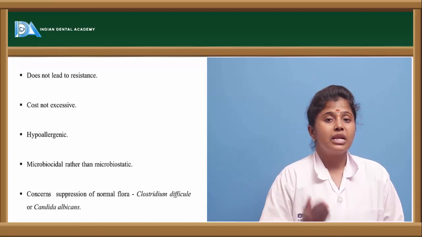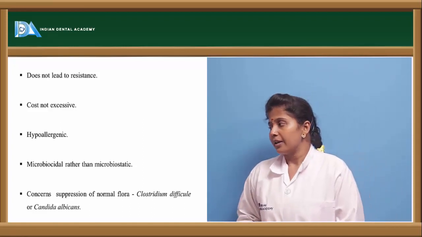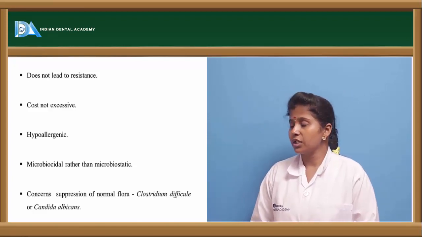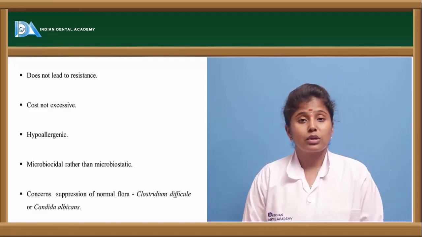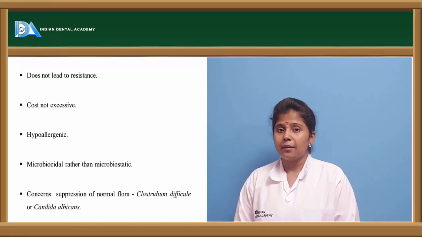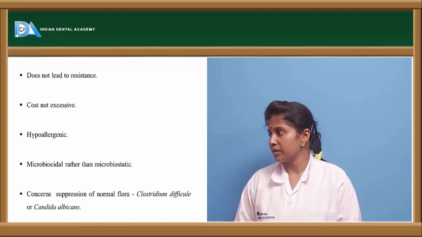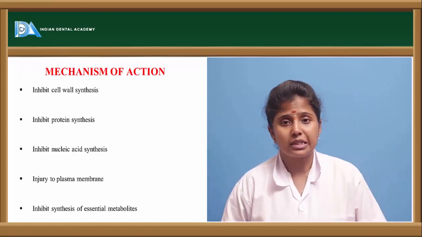So we need to kill the microorganism instead of inhibiting its growth. And the suppression of normal flora, like Clostridium difficile and Candida albicans. The normal flora may be inhibited by the antibiotics which are used against these microorganisms. So now let us see the mechanism of action of these antibiotics.